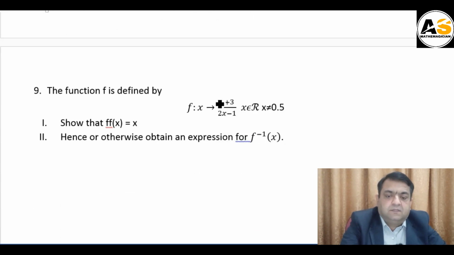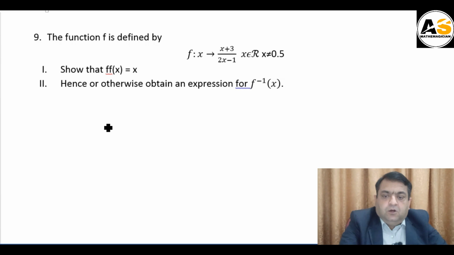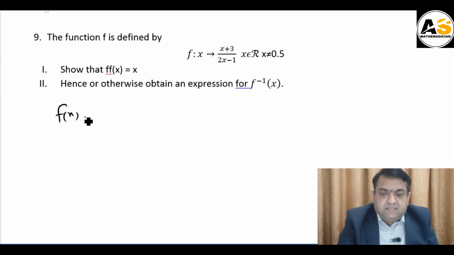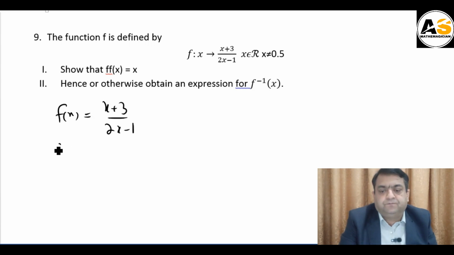Hope this is clear. Now we are moving to our fourth question of today, question number 9, a past year exam question. A function is defined. We have to show that f²(x) is equal to x. This is an easy question. f of x is equal to (x + 3)/(2x - 1).